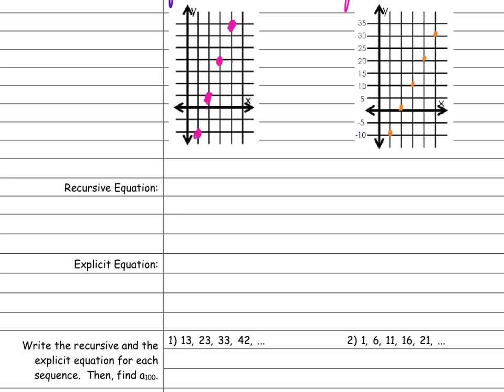So my recursive equation will say this. F of x, that's my function at x, is going to equal f of x minus 1 plus or minus my common difference, whatever my common difference is. So if it is -6, it would be -6. If it was +6, it would be +6. So that's why I put plus or minus my common difference. And then I have to say f of 1 equals some number.